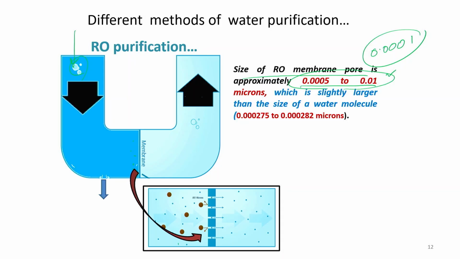So, here the example given is 0.0001 micron size, which is slightly larger than the size of a water molecule. The size of a water molecule is 0.000027522 micron, and we are trying to keep the pore a little bit larger than that.